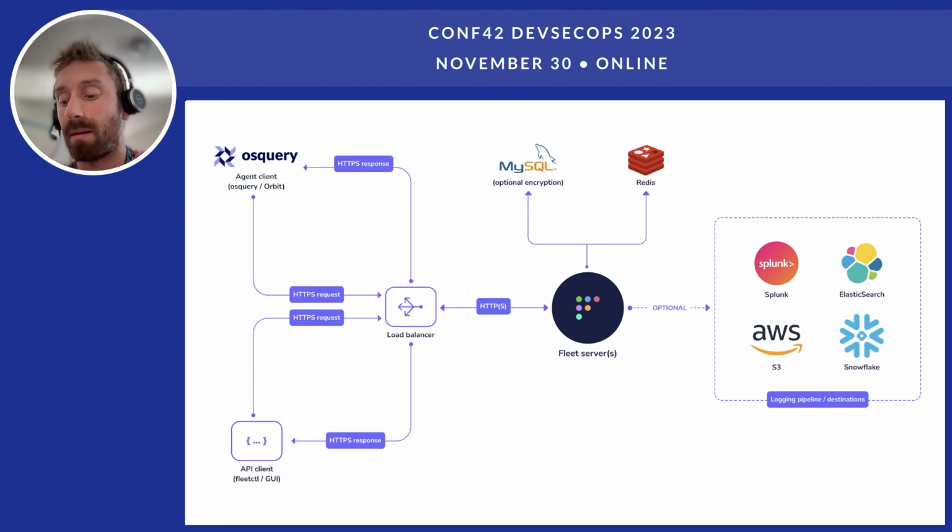And those are the same APIs that are accessible to any user of Fleet who wants to write code or integrations there. And the Fleet server has its MySQL and Redis dependencies, and then optionally is able to send logs out to any of those logging destinations that we discussed. Those and more are available.